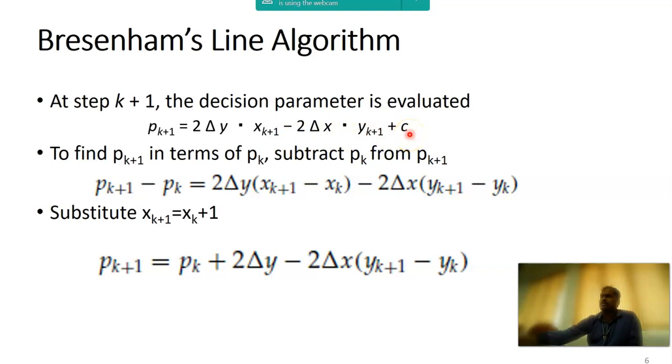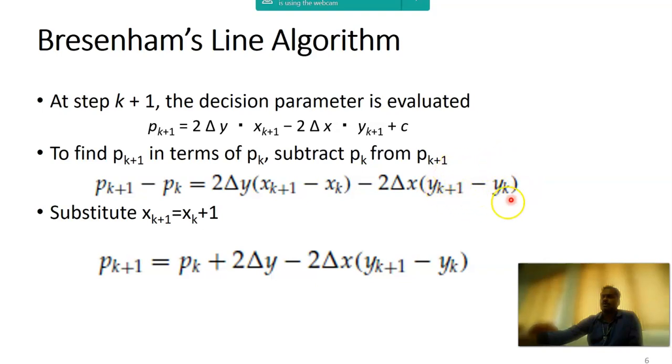The constant value c, so to find pk plus 1 in terms of pk, subtract pk from pk plus 1. So in every iteration we have to calculate pk plus 1 minus pk equals 2 del y times (xk plus 1 minus xk), current position, previous position, minus 2 del x times (yk plus 1 minus yk).